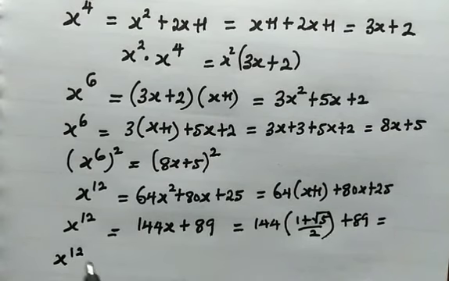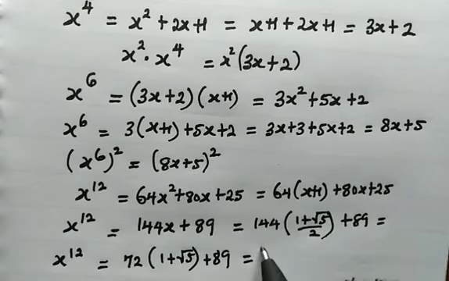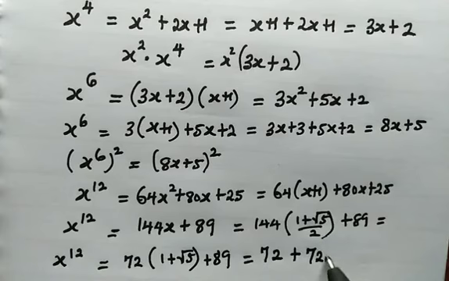That will give us x to the power of 12 equals 72 into bracket 1 plus root 5, then plus 89. So 72 times 1 will give us 72, then 72 times root 5 will give us 72 root 5, then plus 89.